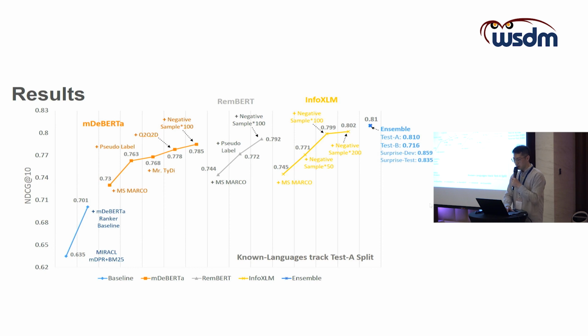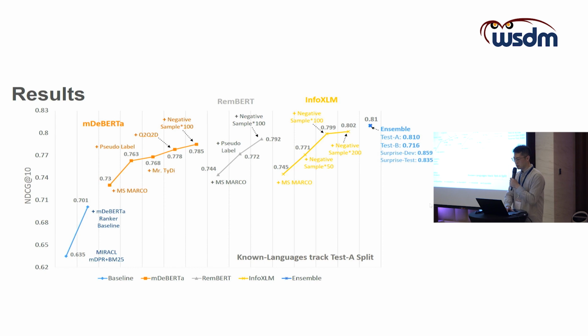The MD-Beta and the ReRanking experiment lines show that pseudo-labeling brings a significant improvement of approximately 0.03 to the score. Further fine-tuning with Mr. TyDi also helps to improve the score by 0.05. However, this improvement is not as substantial as we had hoped. And Q2D brings about 0.01 improvement.